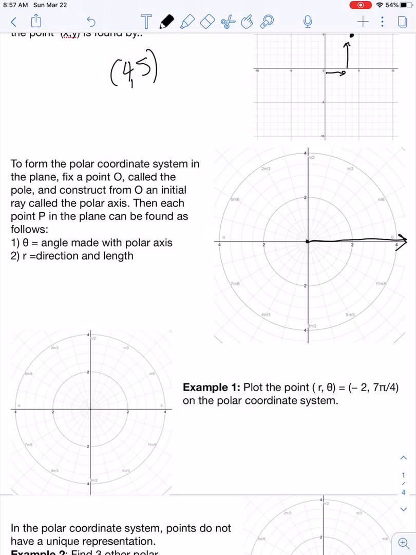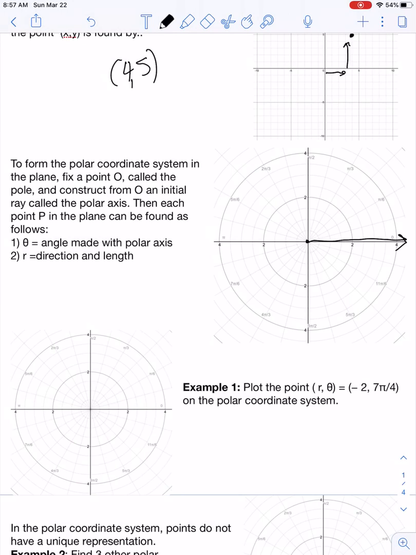And then any point on here we can find by saying what angle does it make with the polar axis, and then what direction and length do we go.